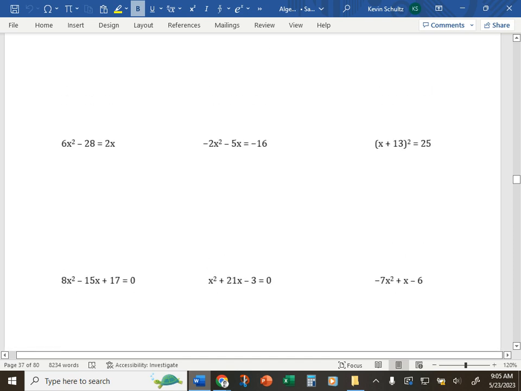Keep in mind, folks, you need to make sure your equation equals 0 before you start the quadratic formula. So for example, this one here, it's not ready to be quadraticized. Okay? It must equal 0 first. So that negative 16 over on the right must come over to the left.